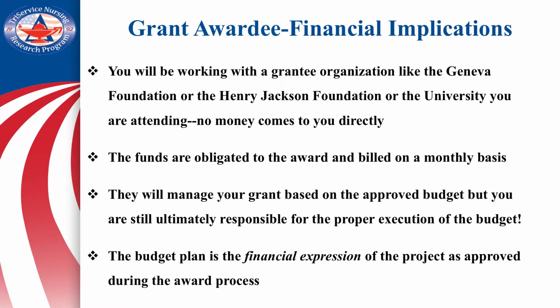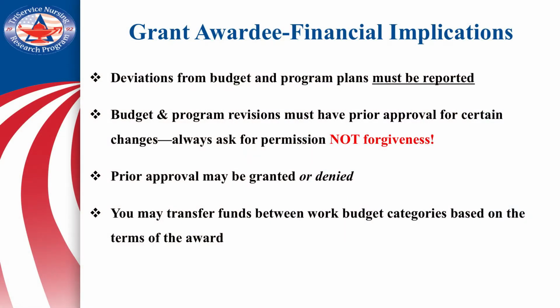So the budget is the financial expression of your proposal. You submitted a budget with your proposal, you submitted a budget justification, and as much as possible, you're expected to adhere to that budget and have it be supported by that budget justification.